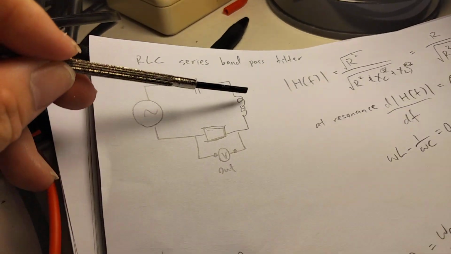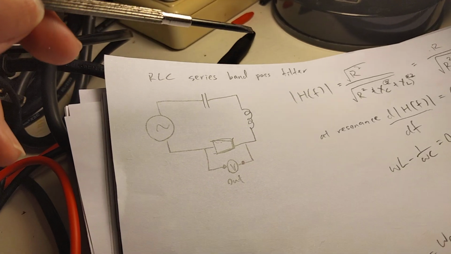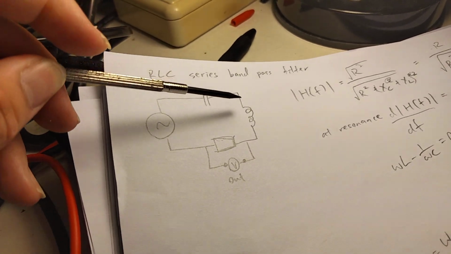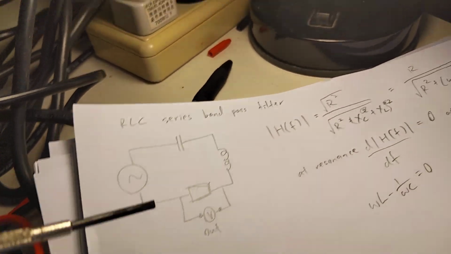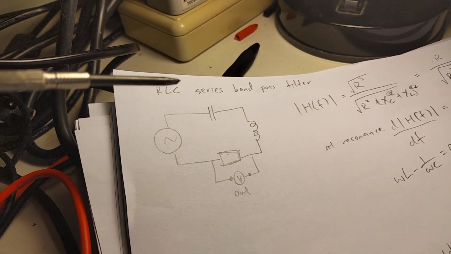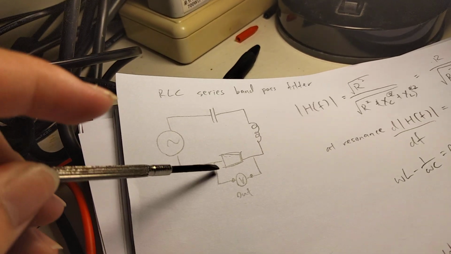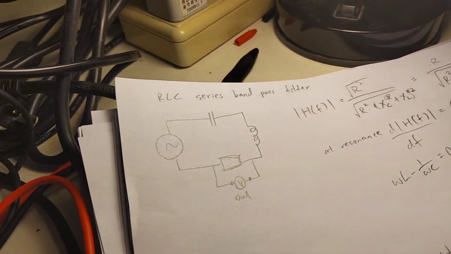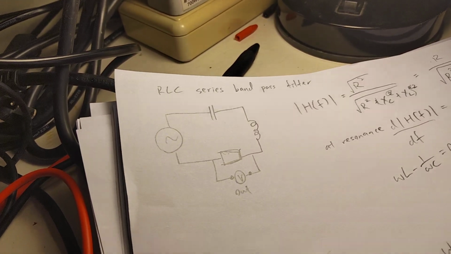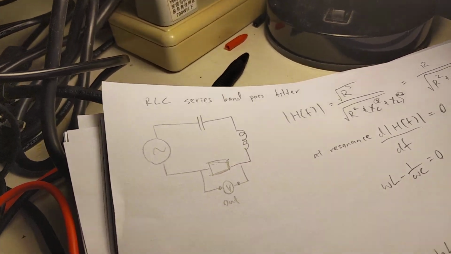The inductor does the opposite, so it blocks the extremely fast frequencies and lets the slower frequencies through. There's a band of frequencies that pass both of them and reach the resistor. And that band of frequencies is determined by the resonance of the LC tank, essentially.